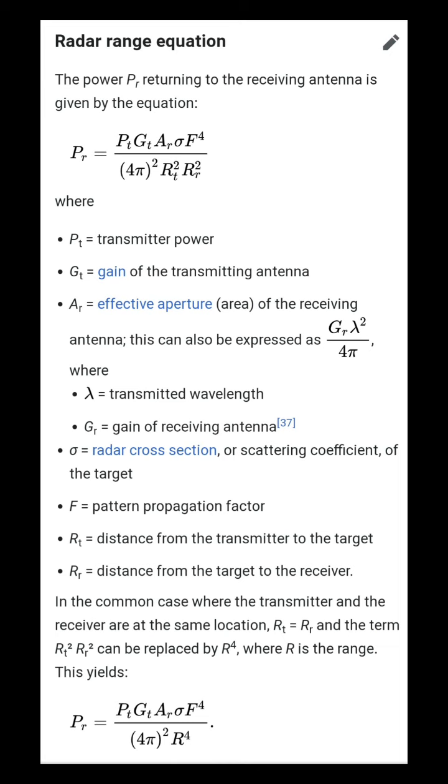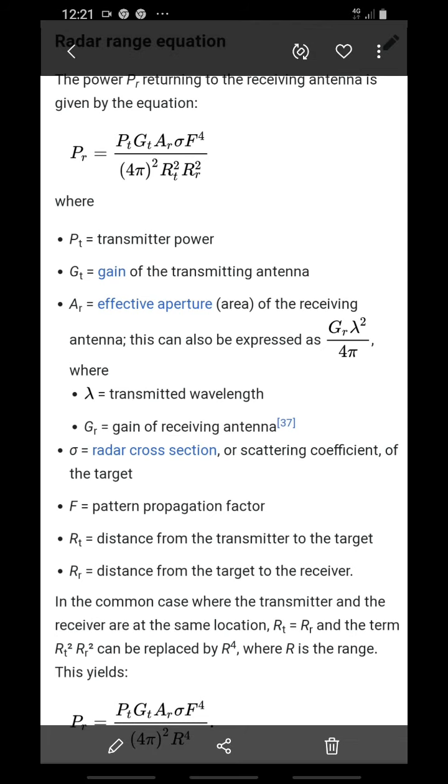The received power is given by PR equals PT GT AR sigma F squared over 4 pi squared RT squared RR squared, where PT is the transmitter power, GT is the gain of the transmitting antenna, and AR is the effective aperture of the receiving antenna.